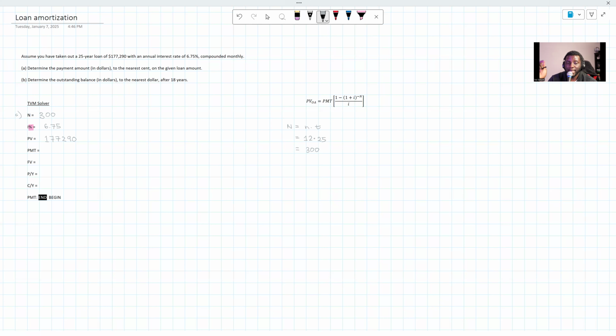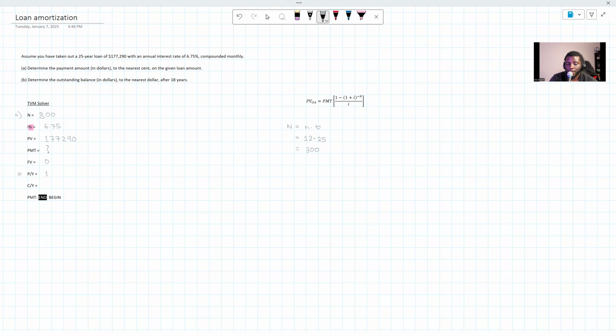But in this case, the entire value here is your present value. The PMT, or the payment, is what we're looking for. The future value would usually be zero because we want to pay down the total value of the loan at the end of 25 years. So we want that to be zero.